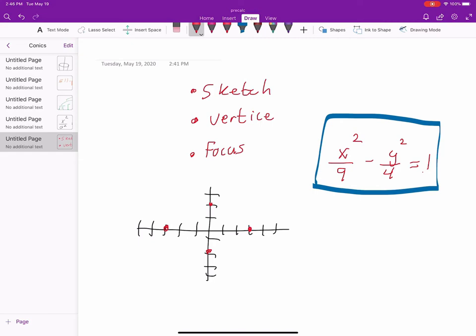If the y comes first, then it's going to open vertically along the y-axis. The reason that makes a difference is that minus sign right there. That minus sign messes everything up. Remember, addition is commutative. It doesn't matter whether we go 3 plus 2 or 2 plus 3. But subtraction is not commutative, and that's why you have to pay attention to which one comes first.